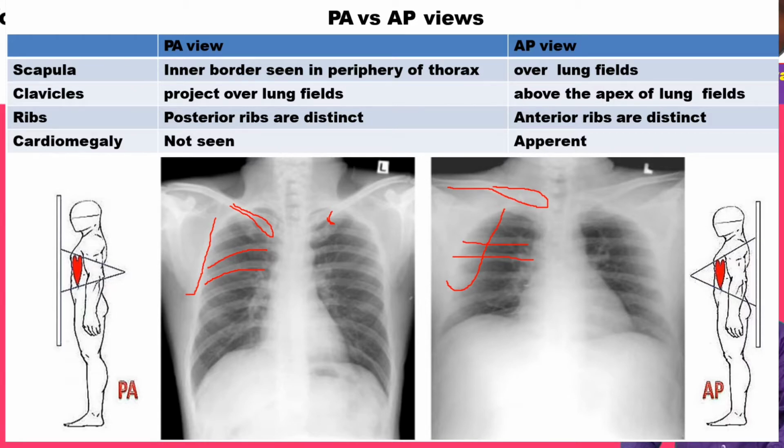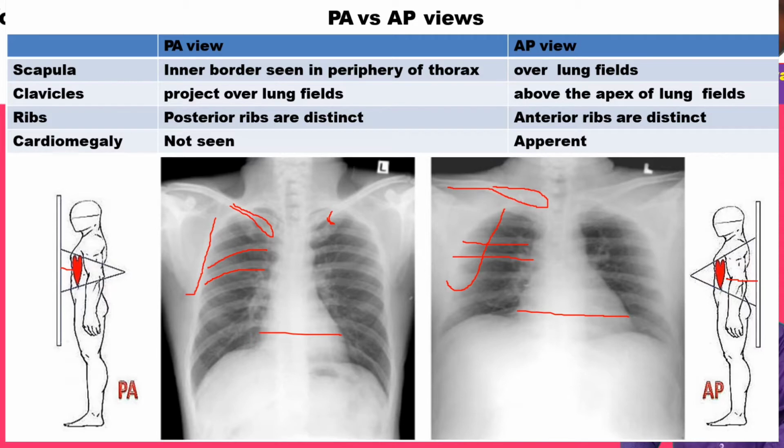And cardiomegaly is not seen in the PA view. You can see in the same patient in the AP view there is apparent cardiomegaly. This is not actual cardiomegaly but is due to the distance: this is the heart shadow, and the heart to plate distance is more than this.